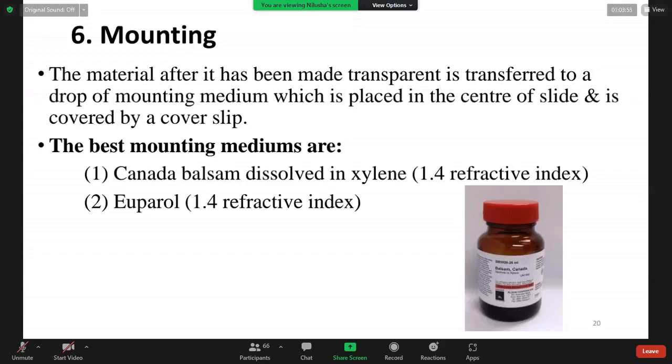Then we have to press it flat, then dry it.